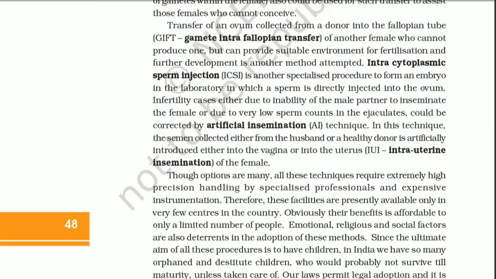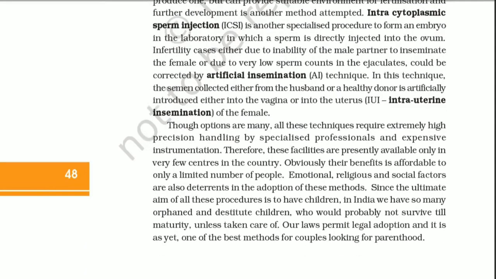Infertility cases, either due to inability of the male partner to inseminate the female or due to very low sperm count in the ejaculates, could be corrected by artificial insemination technique. In this technique, the semen collected either from the husband or a healthy donor is artificially introduced either into the vagina or into the uterus of the female.